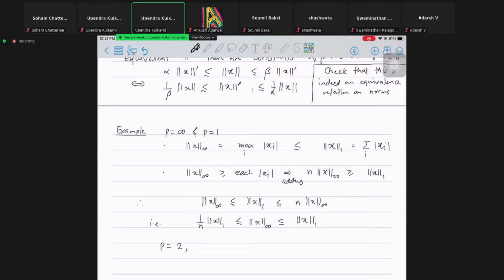Just take a moment to see. I think P equal to infinity. Yeah, so you see this P equal to infinity is pretty good, no? Because it just picks out the largest one. It's quite easy to handle. So P equal to 2 is equivalent to P equal to infinity.